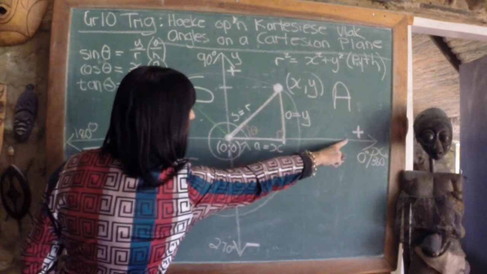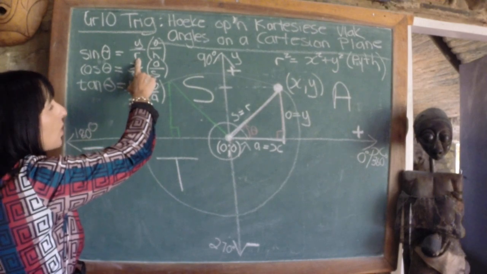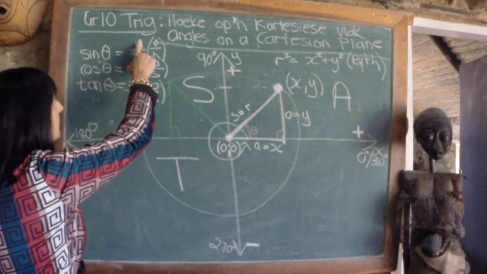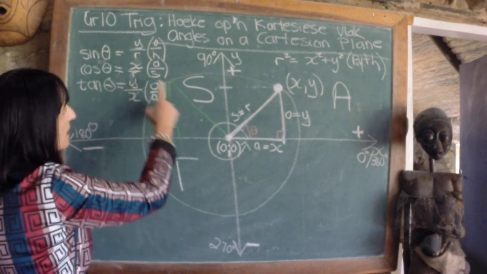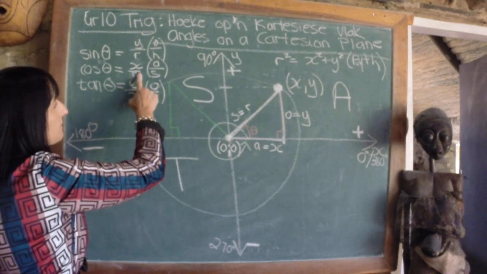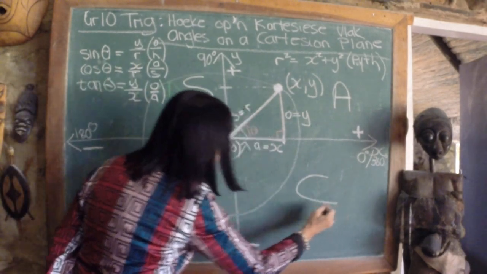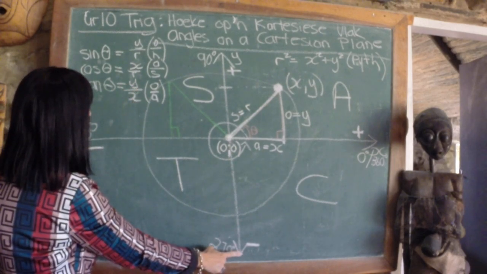Let's do the last quadrant. Y negative, x positive. Y negative, r is always positive. Negative divided by a positive gee vir my 'n negatief. X is nou positief. R is altyd positief. Plus gedeeld deur 'n plus is 'n plus, so kos is positief. Y equals negative.